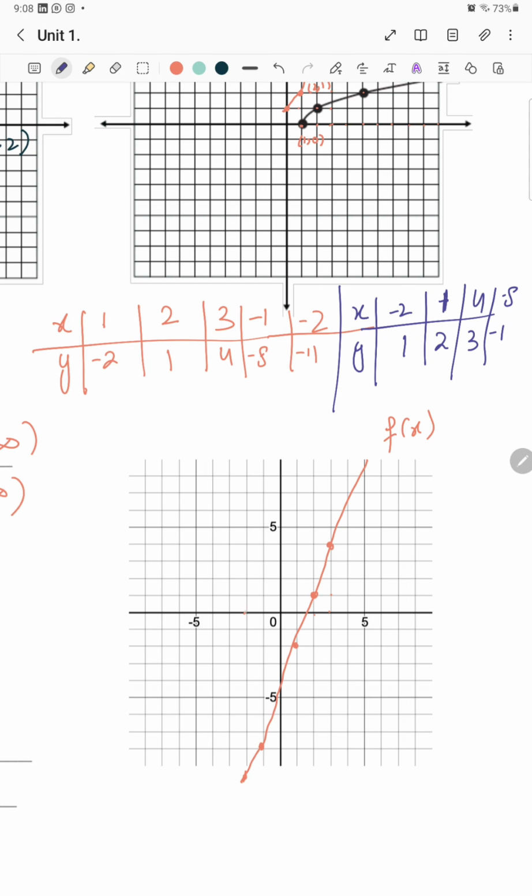So negative 2 and 1, 1 and 2, 4 and 3, negative 8. It's going to be something like this, f inverse x.